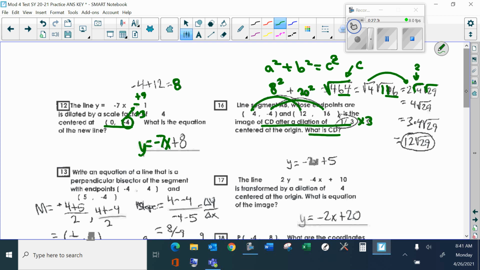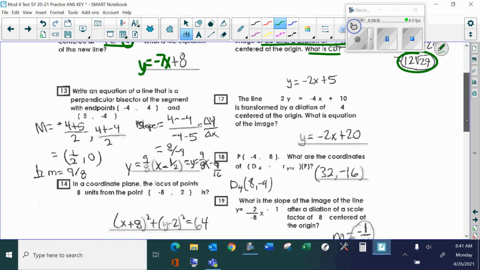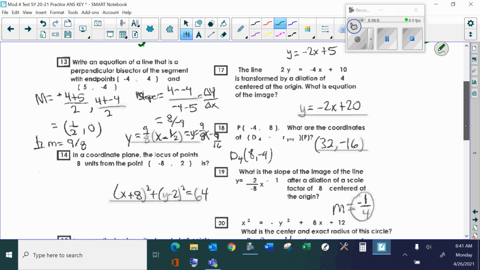So 2 times 2 is 4, square root of 29. That's a 9 if you can't read it. So that's the length of the image. But don't forget, we want the pre-image CD, so we have to multiply that by 3. That's why you see this 3 out front. So 4 times 3 is 12 root 29. So it's dealing with Pythagorean theorem, reducing your radicals, and then multiplying by the reciprocal to get back up to the original.